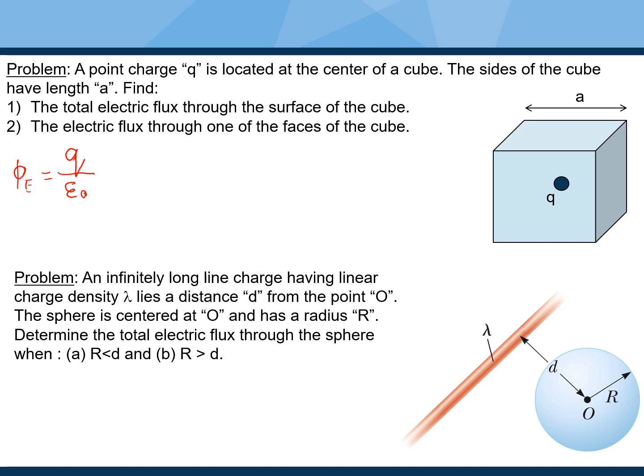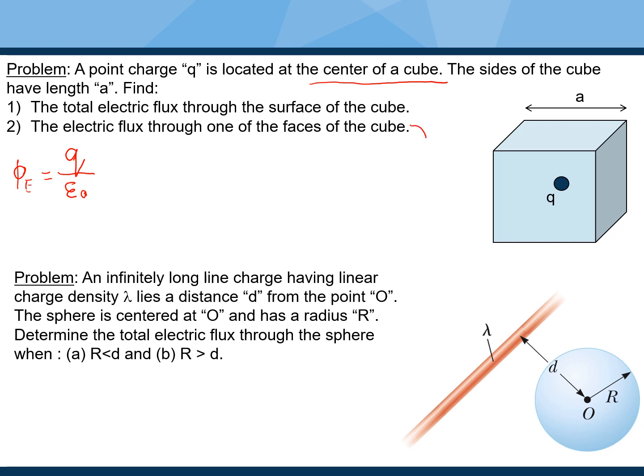Part 2 is slightly tricky. Notice that we are told that the charge Q is located smack dab at the center of the cube. This tells you that by symmetry, the amount of flux going through each face of the cube must be equal to the amount going through each other face. So all 6 faces of the cube have the same amount of flux going through them.